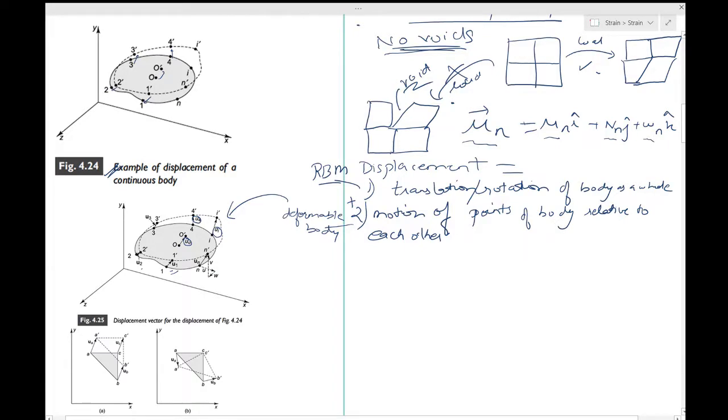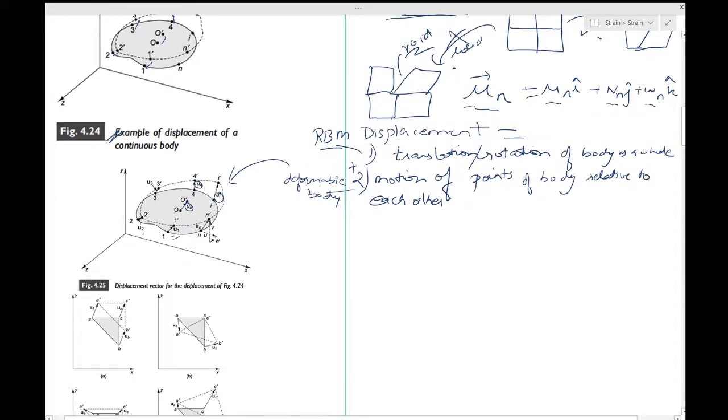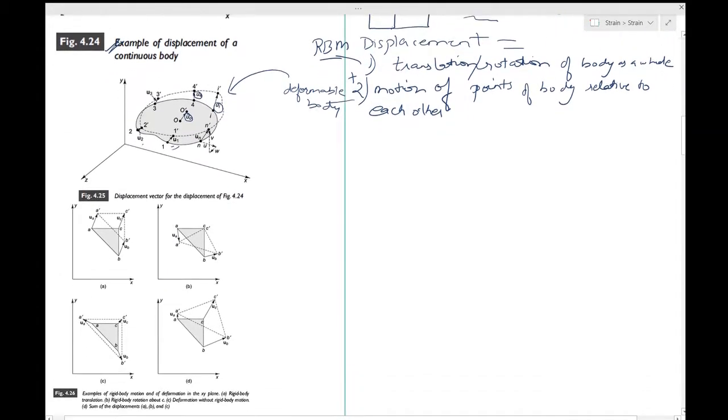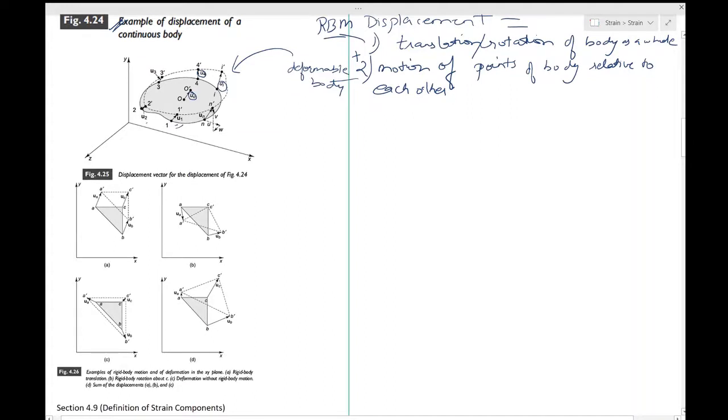Okay. So in figure 4.26A, we illustrate a rigid body translation of a triangle which is constrained to move only in the xy plane.